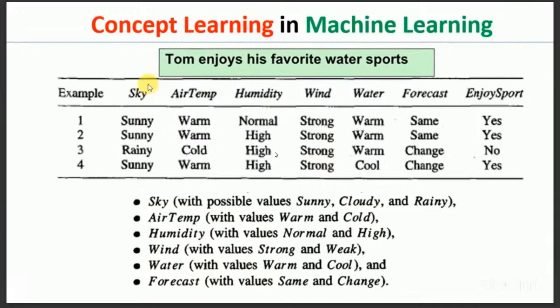Normal, high. What are the values under wind? Strong. What are the values in the water column? Warm, cool. What are the values in the forecast? Same, change. Now, any possibilities in life? How many possible cases can I generate out of this?